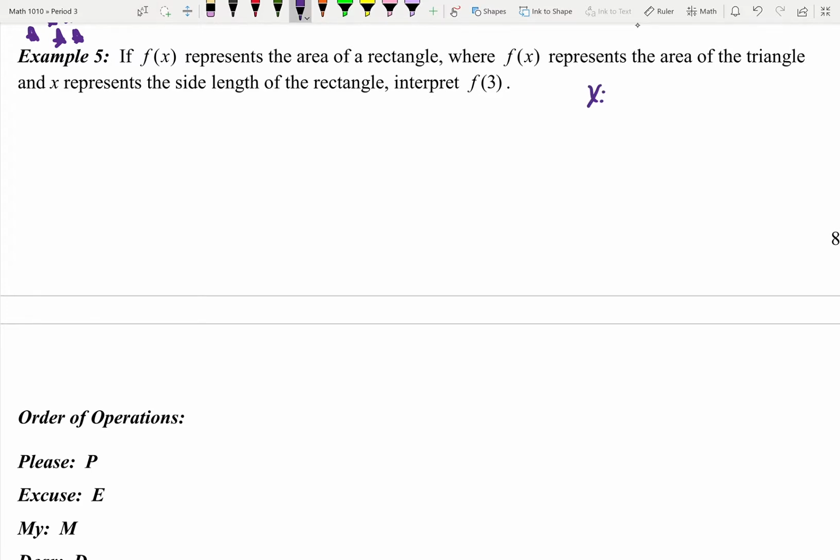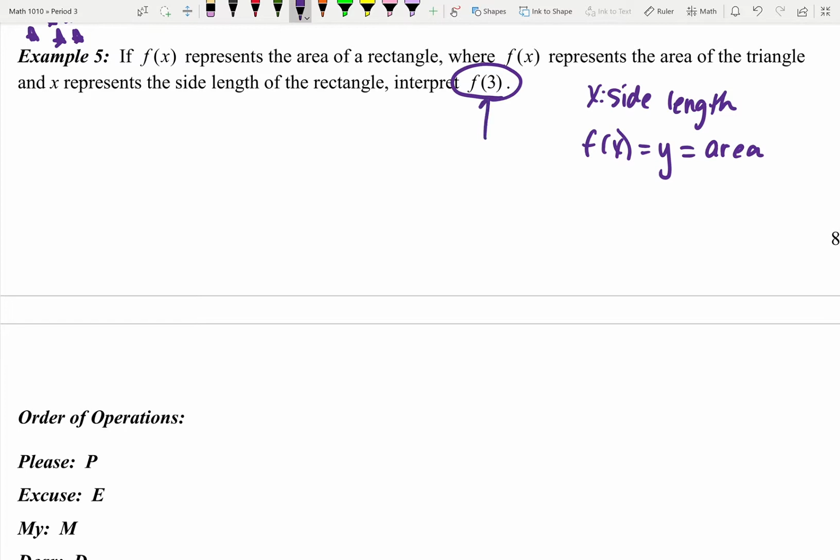So let's say x is the side length, and that f of x, which is also y, those are the same thing, means the area. Okay? So they want you to say what f of 3 is. What does it stand for? Okay? I'm going to help you because I don't think it's super easy. I'll see if anybody wants to try.